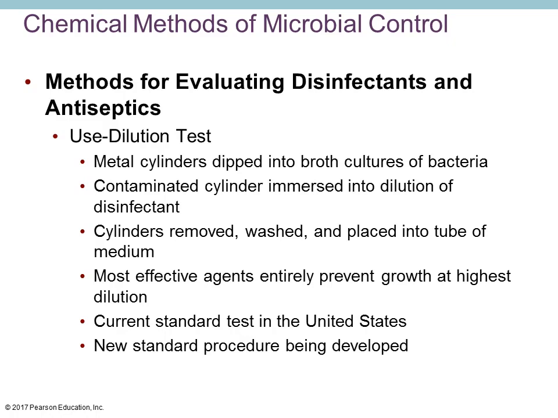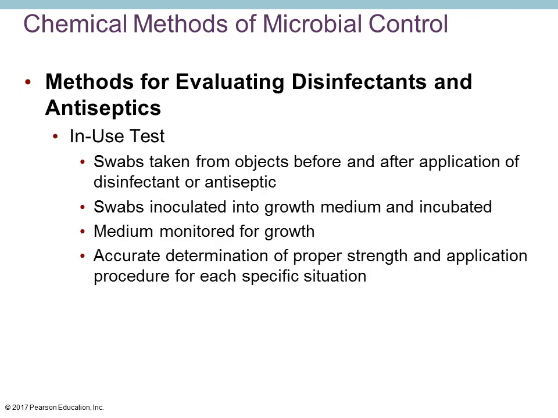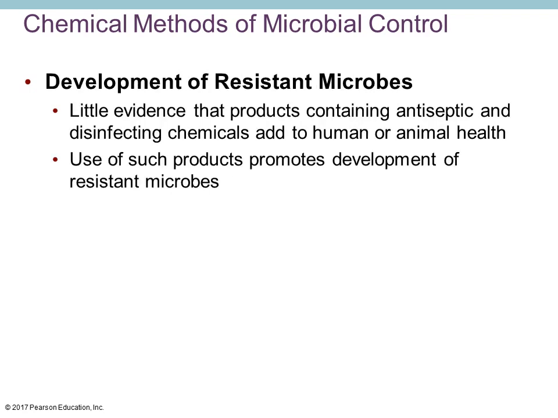You don't want to use 10 times more than you have to. So you've got to have a test. And these are listing different ways that you can measure what's the lowest concentration that I can use for it to be effective. All these different methods here are just different ways of testing that.